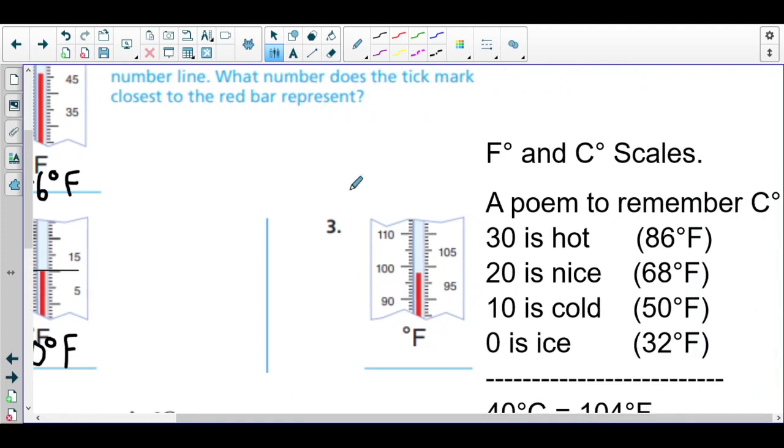And then number 3 for our measuring with Fahrenheit. We'll get right about in here. We know it's greater than 95, but not up to 100 yet. So here's 95, 96, 97. Looks like we've got 98 degrees Fahrenheit.